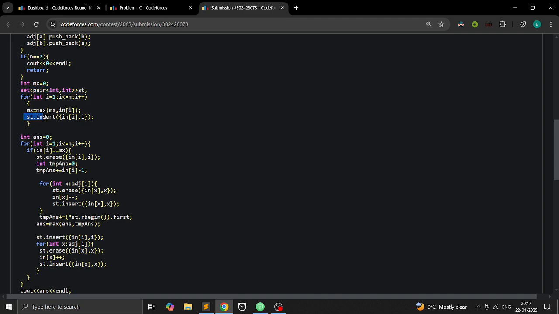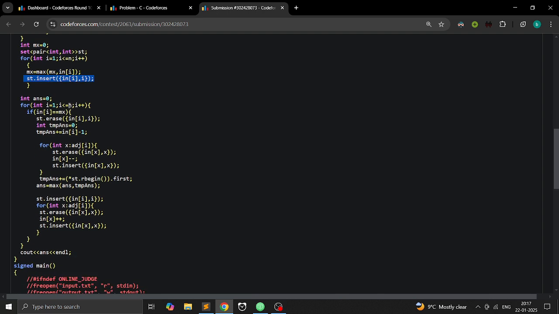So for that I use a set. I am inserting the in-degree and i into the set. I am iterating through n, and whichever nodes match my mx, I will erase that from the set because I am deleting that node.